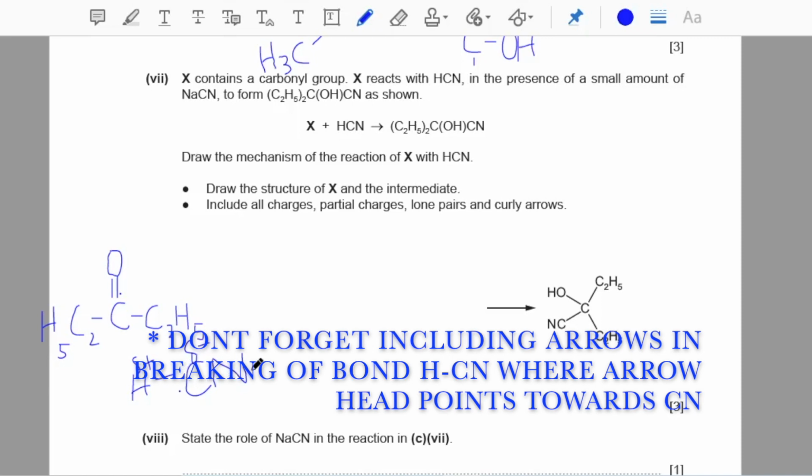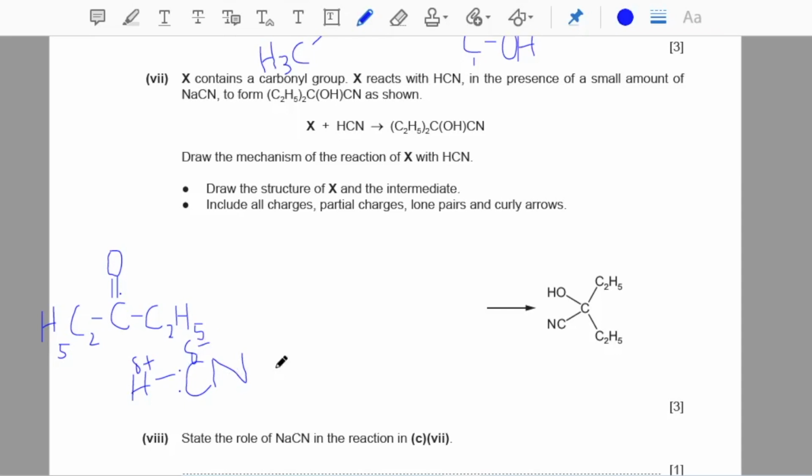The next step, or the second step, is breaking the C=O double bond, where again oxygen takes both the electrons. So oxygen will be given a partial negative charge and carbon will be given a partial positive charge, and I'll have to show this with the help of an arrow that both the electrons have been taken away by the oxygen, and over here both the electrons were taken by the cyanide ion, and now oxygen has got a lone pair of electrons.